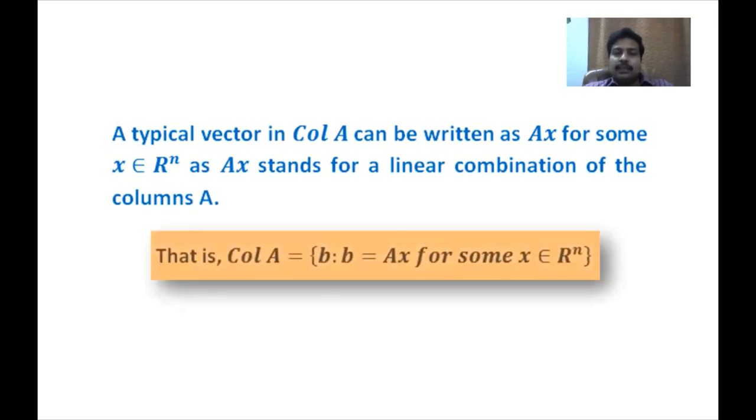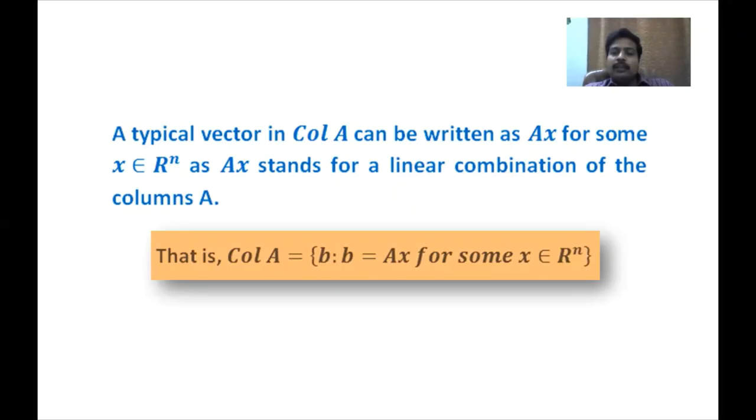In other words, column space A can be written as the set of B, where B is a vector here, such that B is equal to Ax for some x belongs to Rn. We know that x belongs to Rn implies x is a column vector, that is n by 1.